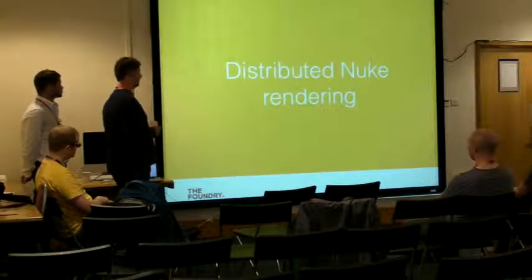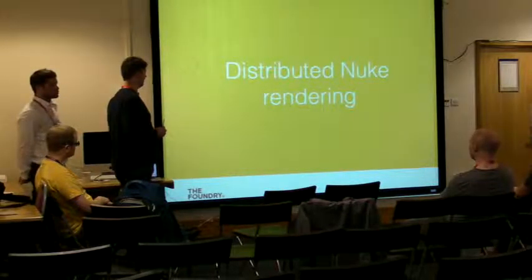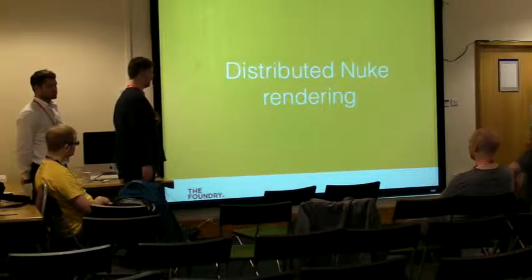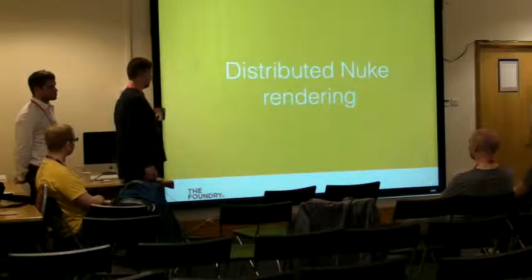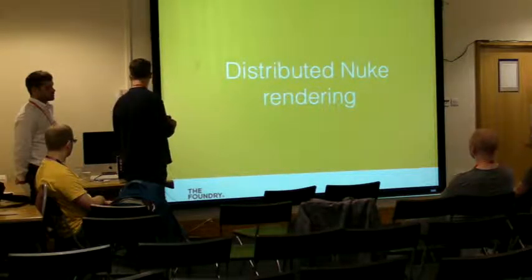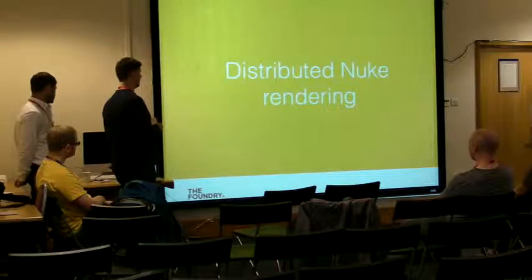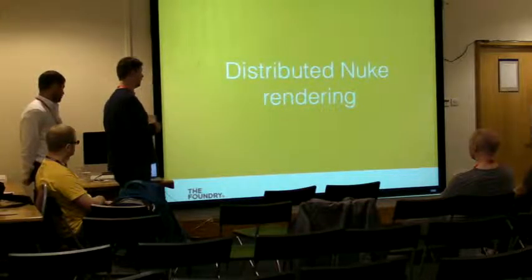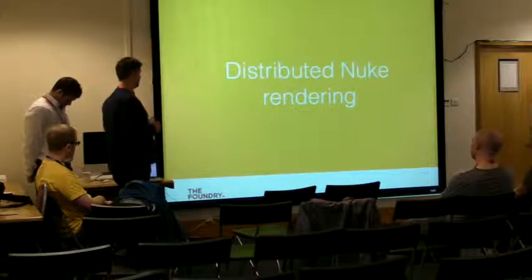By default, that will just run multiple Nuke processes on your local machine. This will make things better, take more advantage of multiple cores, because multi-threading is not that great. So it's entirely written in Python. We use the ZeroMQ library for the networking stuff, with the PyZMQ bindings.